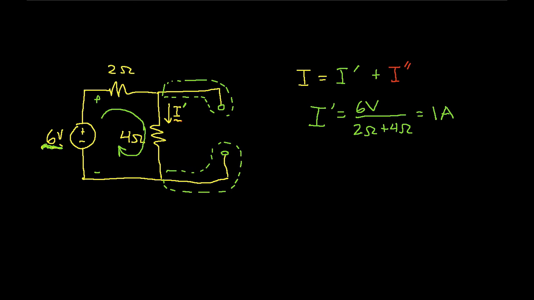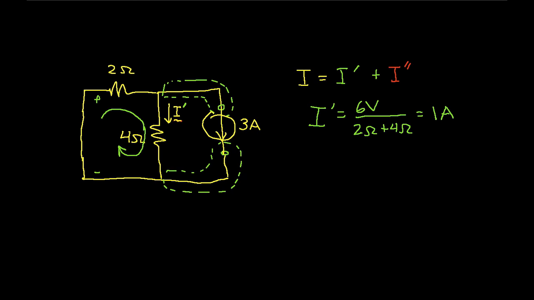Let's put the current source back. So we now have our current source back. And let's get rid of our 6 volt source. And to make a voltage source go away, to set it to 0, basically you replace it by a short circuit.